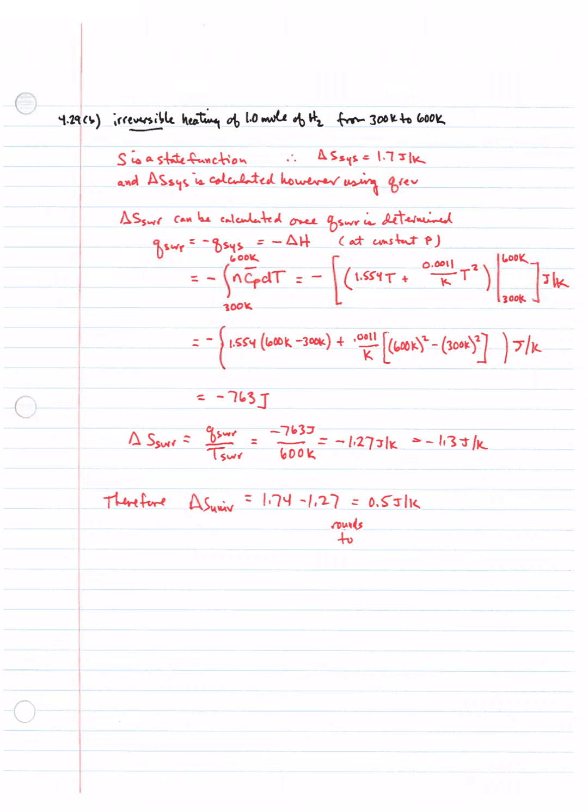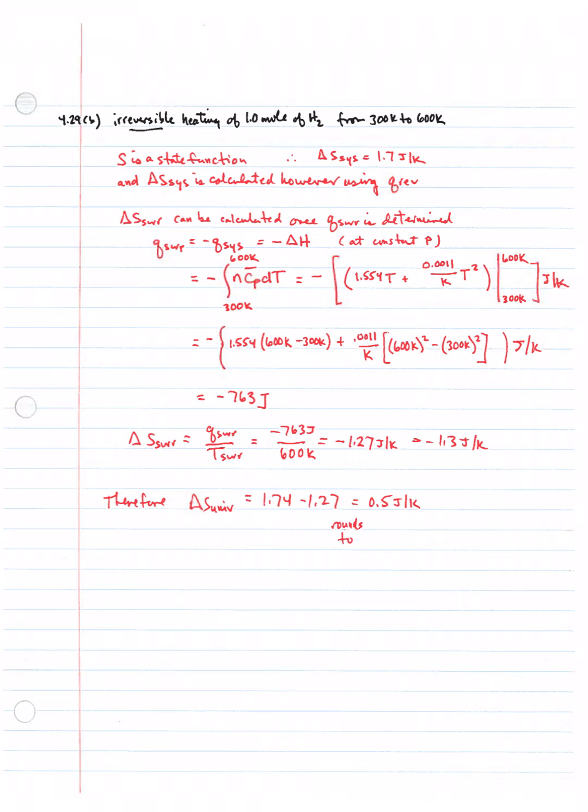For B, what if I did an irreversible heating? Well, S is a state function, so therefore the delta S of the system has to be the same, 1.7 joules per K. This is a different version of the one we had done a little earlier with the reaction. Now, the delta S of the system was calculated using a reversible Q. In this problem, we have to find the delta S of the surroundings once we calculate the Q of the surroundings in this irreversible context.